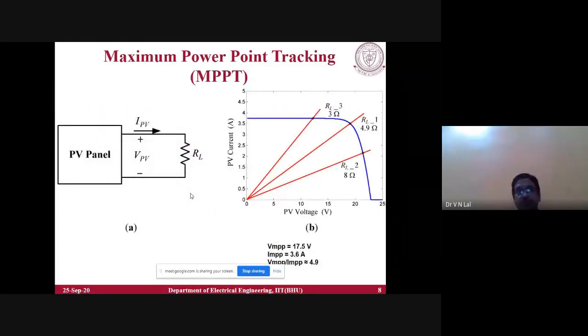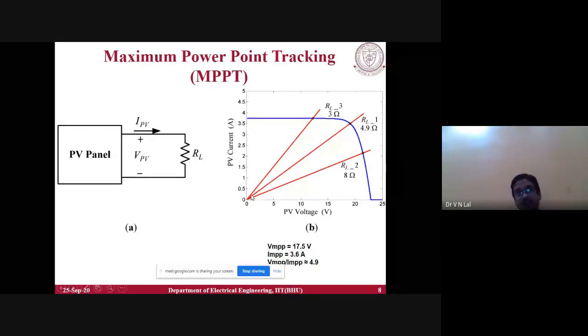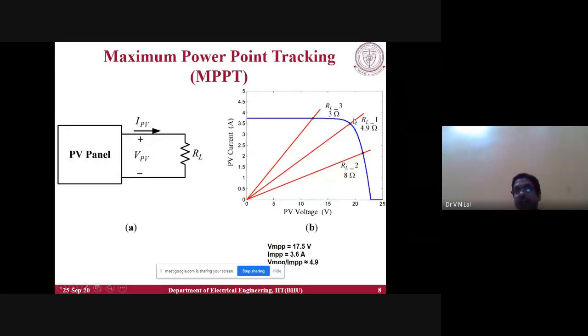Okay, so we have discussed that if the load is directly connected to the PV array, it is not always possible to operate the PV array at maximum power point, because these two have their own characteristics. The PV array has its own I-V characteristic, and the resistance has its own characteristic: for RL equal to 3, this characteristic; for RL equal to 8, this characteristic; for RL equal to 4.9, this characteristic. The operating point will be the cutting point of the characteristic of the PV array and the characteristic of the resistance.